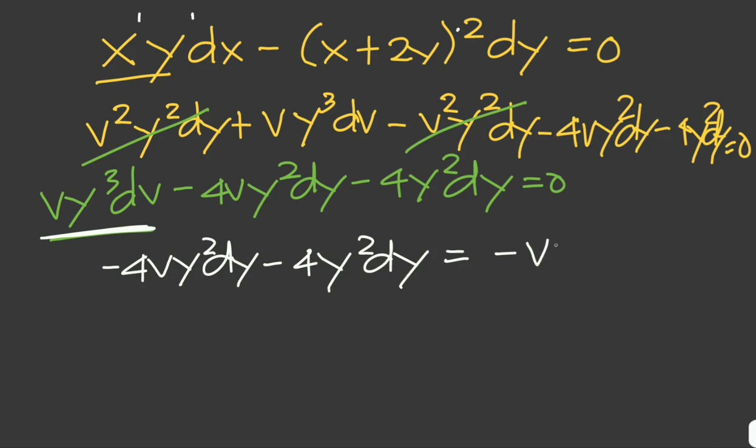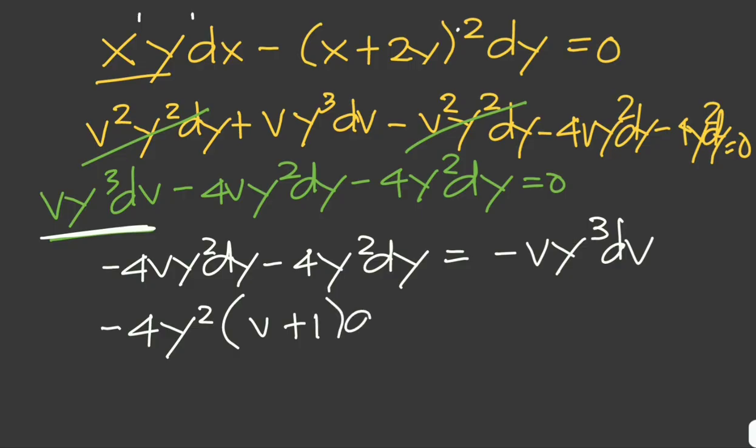So negative vy cubed dv. And in this case, we can factor out negative 4y squared. So negative 4y squared, we're left with (v plus 1) dy equals negative vy cubed dv.